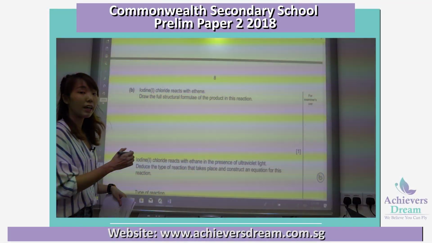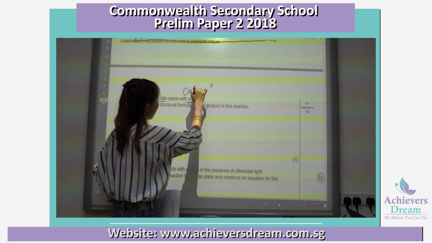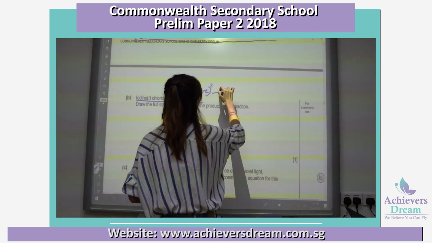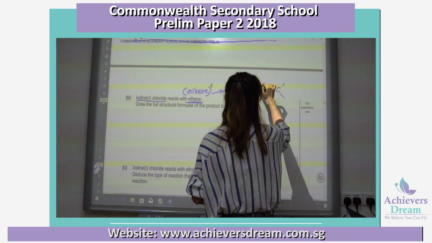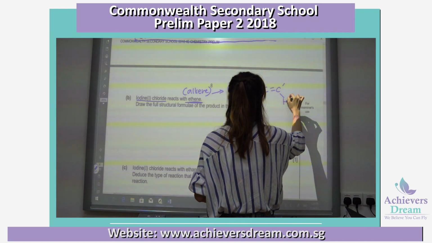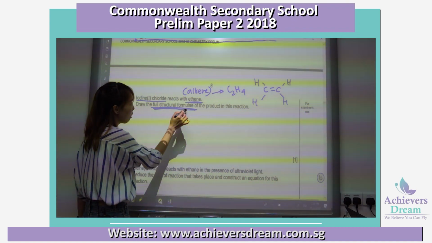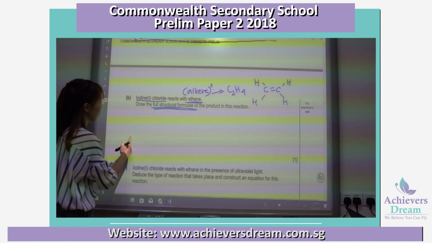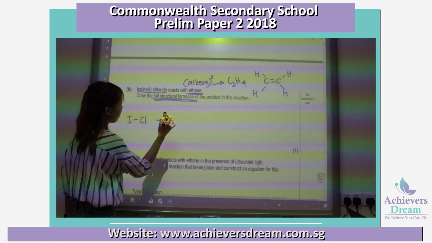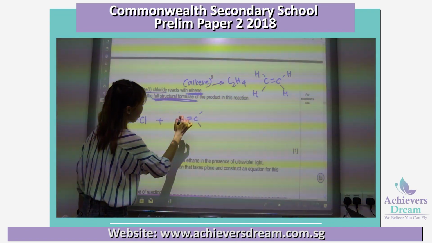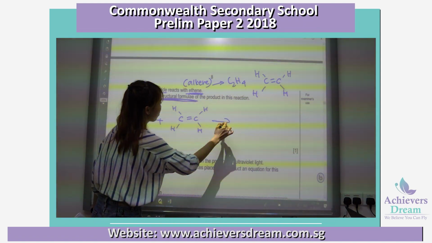For part B, it says that iodine chloride reacts with ethene. Ethene is an alkene with the formula of C2H4. So this is how the full structural formula will look like. Now, draw the full structural formula of the product in this reaction. First, what kind of reaction is this? ICl plus ethene, what will be my product?